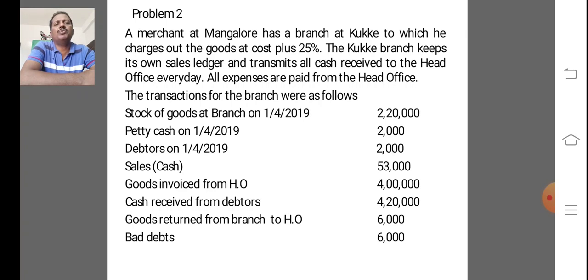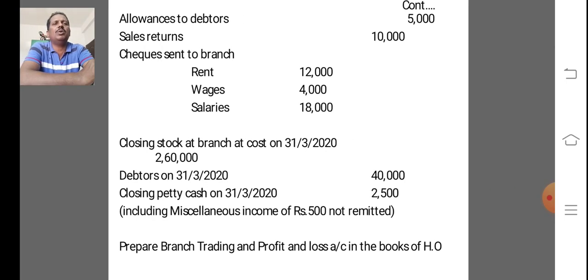Stock of goods at branch on 1/4/2019 2,20,000, petty cash on 1/4/2019 2,000, debtors on 1/4/2019 2,000, sales cash rupees 53,000, goods invoiced from HO 4 lakh, cash received from debtors 4,20,000, goods returned from branch to head office 6,000, and bad debts is also 6,000.